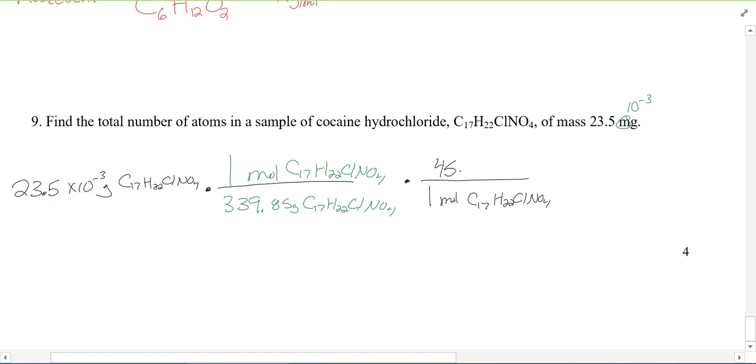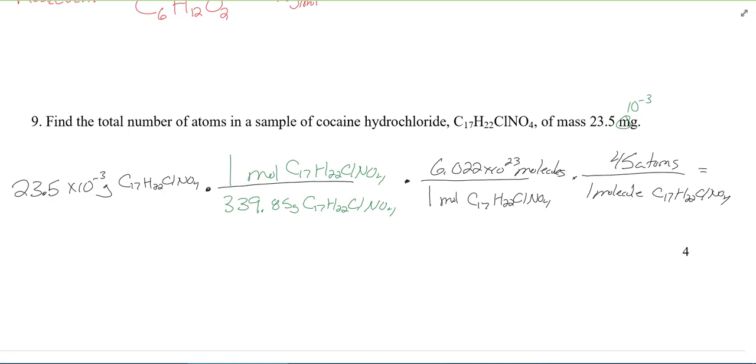Let's do 1 mole happens to be 6.022 times 10 to the 23rd molecules. And 1 molecule of C17H22ClNO4 is 45 atoms. That's a little better. All right, we do that math. I get 1.87 times 10 to the 21st atoms. And that concludes day 18 and 19.